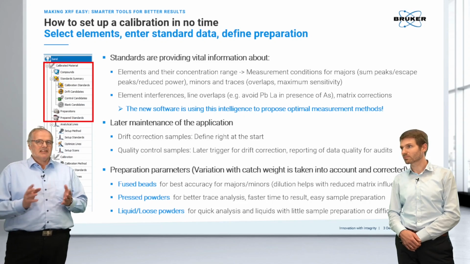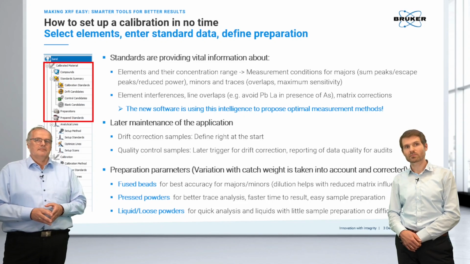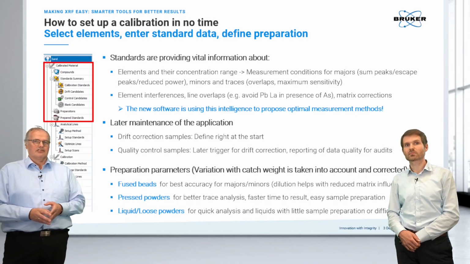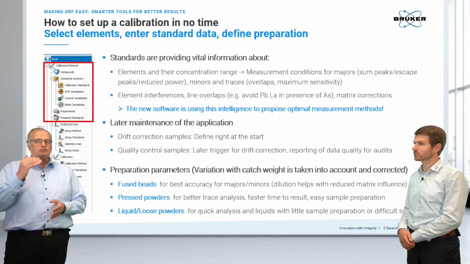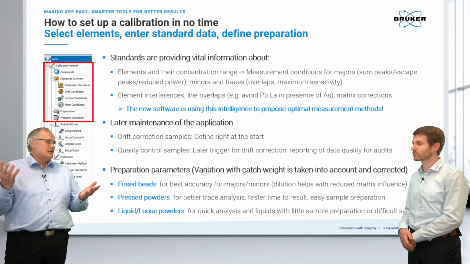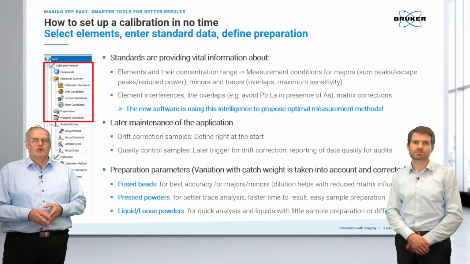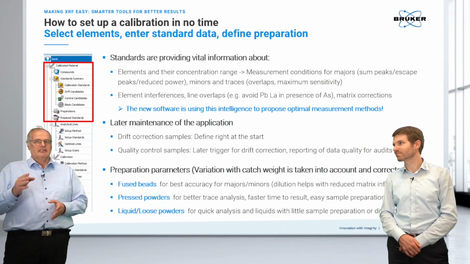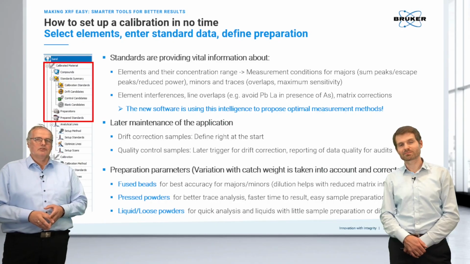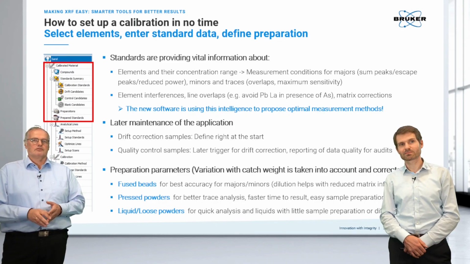The second step is where you need to do maintenance for the application. Once you have set up a calibration, running drift correction samples helps you to maintain this calibration over centuries, basically. Especially in industry, you can implement quality control samples.